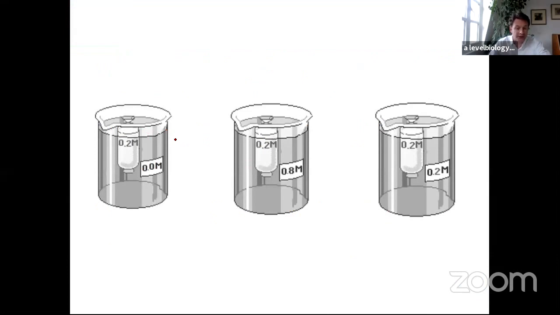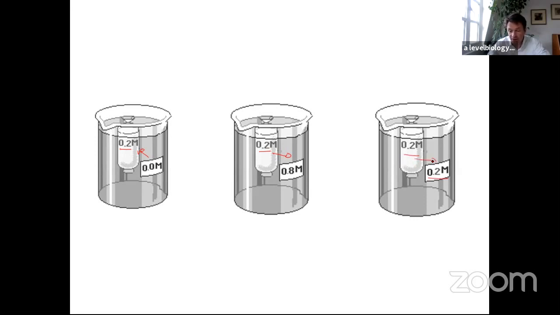So here we've got some solutions. We've got an artificial cell with a 0.2 molar sucrose solution, and the water will move in. We've got an artificial cell with a 0.2 molar solution and 0.8 molar outside, so water will move out. And then we've got a solution where the water potential is the same as the sucrose solution inside.